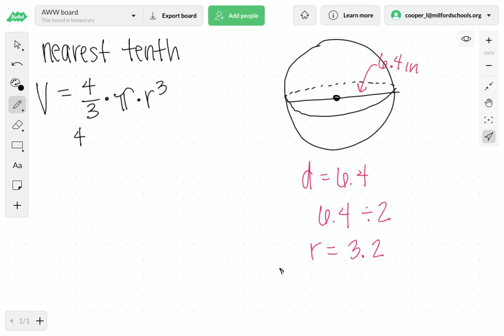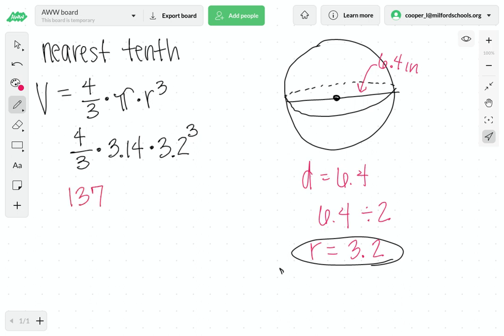So I have 4/3 times 3.14 times, and again, we're going to use this radius of 3.2 cubed. And again, all you have to do is just go ahead and put that all into your calculator, and you will get an answer of 137.1886.